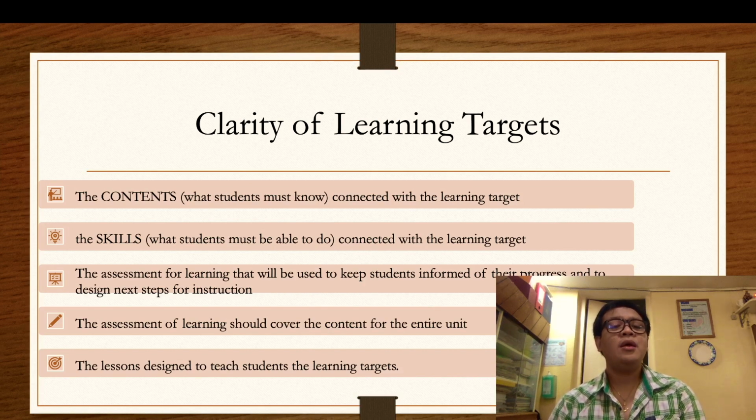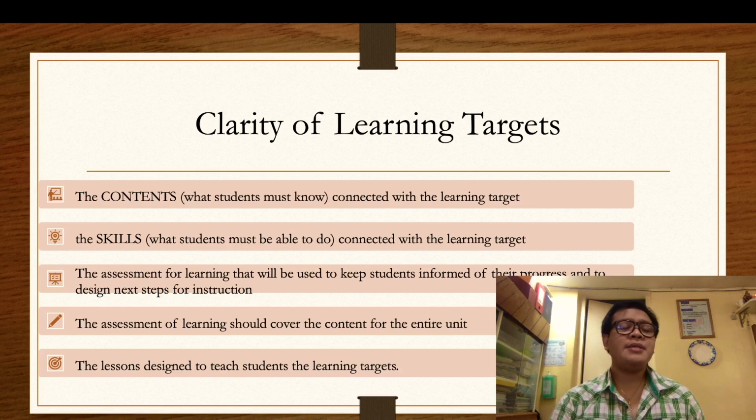The skill, what the student should do, connected to the learning target. The assessment for learning will be used to keep students informed of their progress and to design the next step for instruction. At the same time, assessment of learning should cover the content of the entire unit. It's not just a specific part, but the entire one in general.